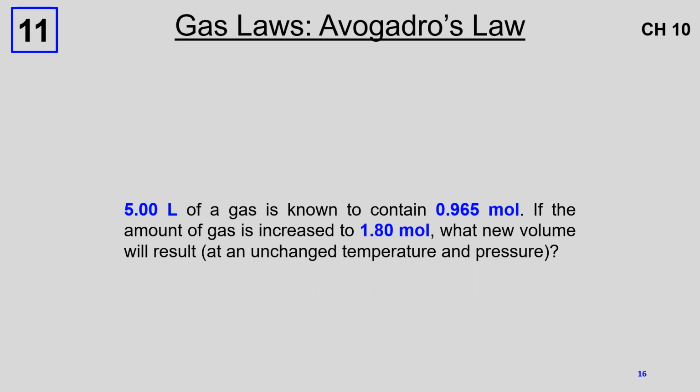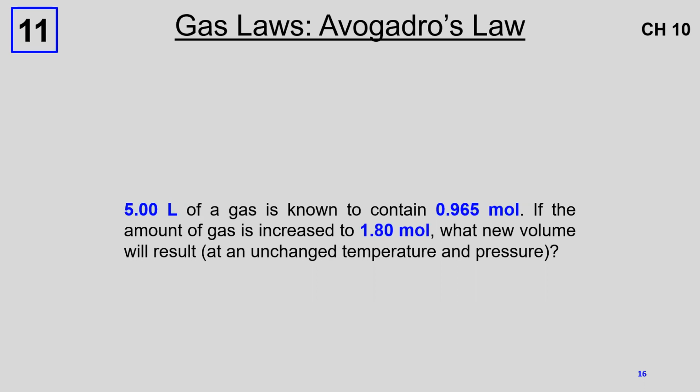We have 5 liters of gas containing 0.965 moles of gas. If the amount of gas is increased to 1.80 moles, what would be the new volume? Again, it says pressure and temperature are kept constant. So we're going to extract out information. The initial volume was 5.00 liters.